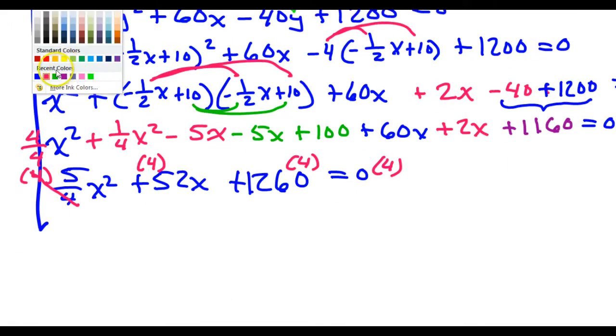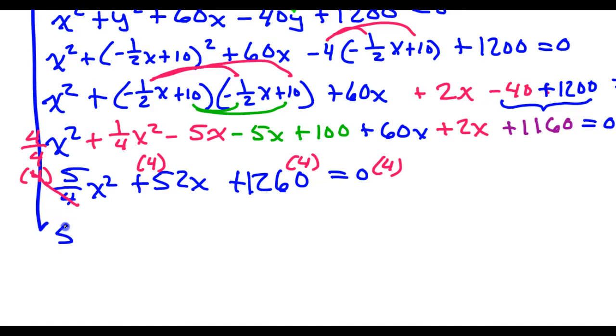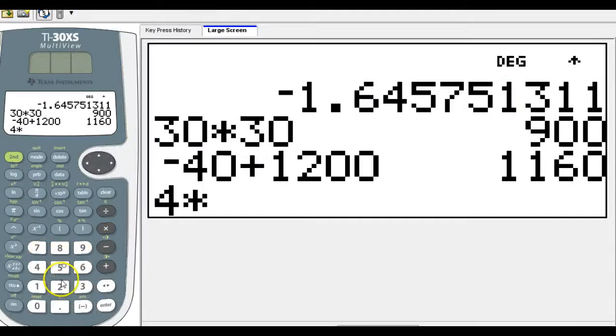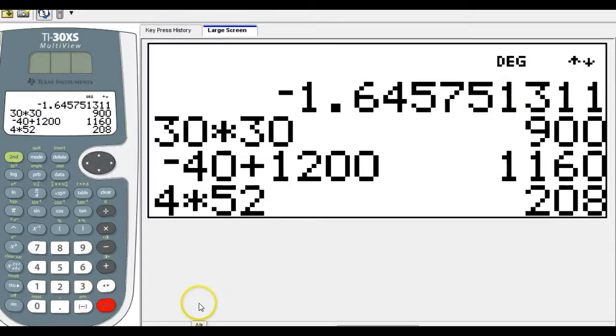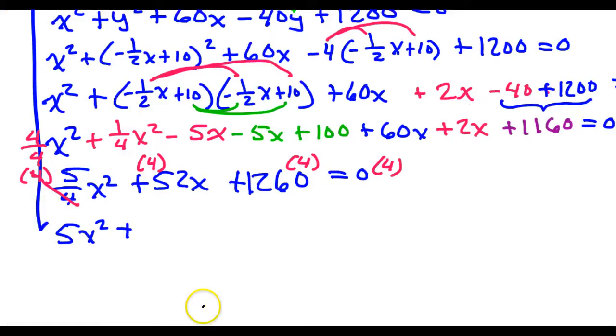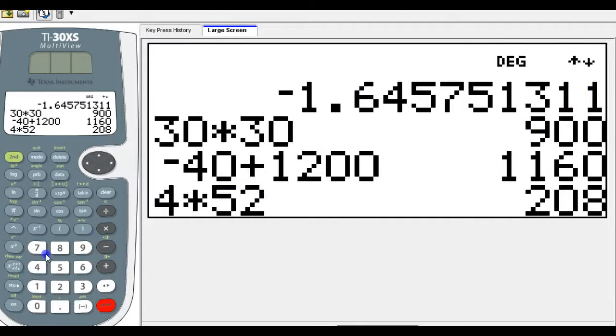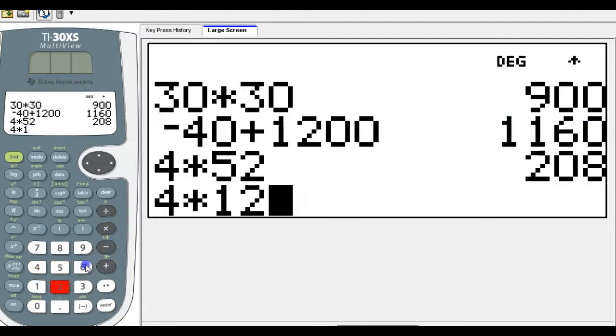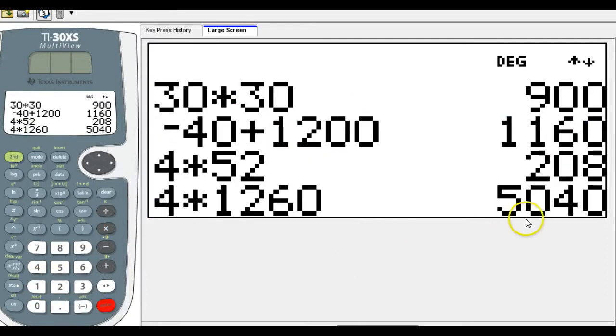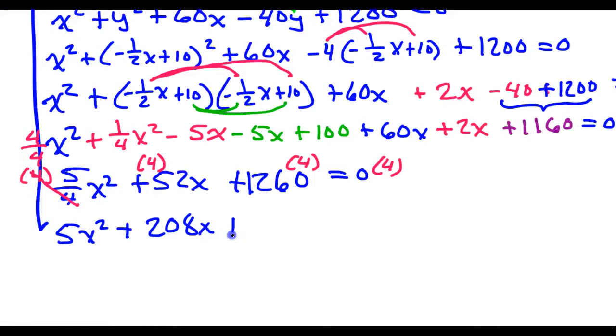Alright, and I realize that's going to make some big numbers right now, but I will cross that bridge when I come to it. So, you know, 4 times 52 is going to be 208. So I've got 208x, and then 4 times 1,260 is 5,040. Zero times 4 is 0.